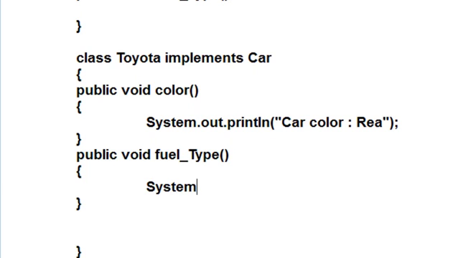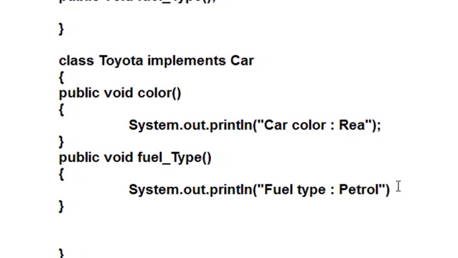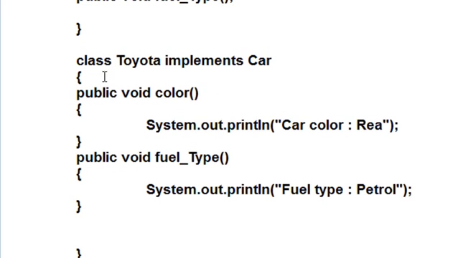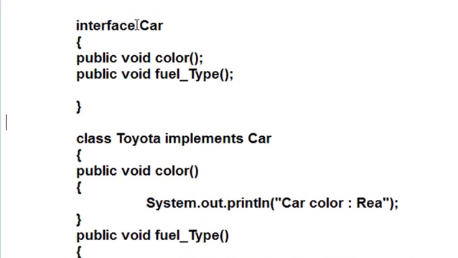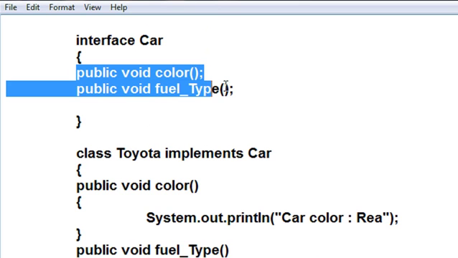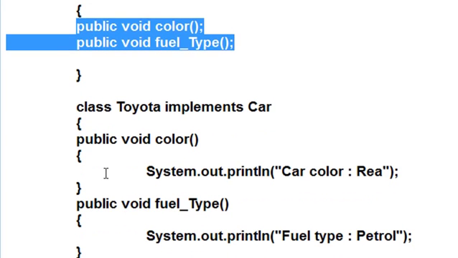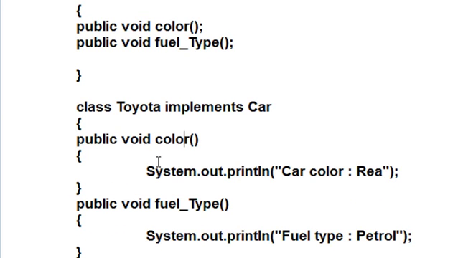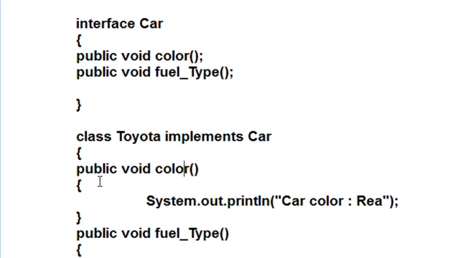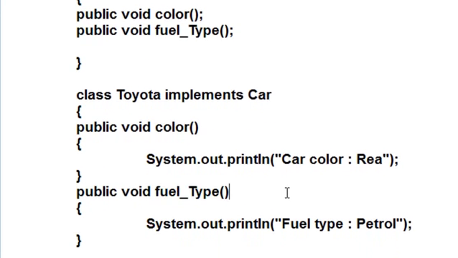Here just print out, System.out.println, fuel type is petrol. Okay, now that's fine. Now this class implements the interface car. There are two abstract methods in that interface, and in this class I implemented those two methods, color and fuel type.